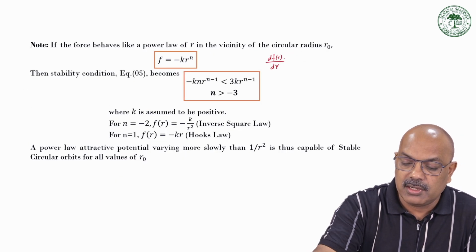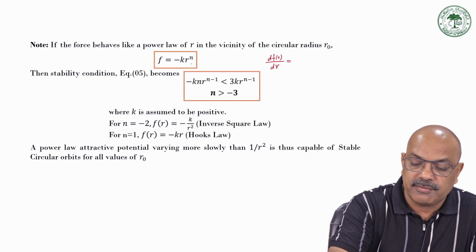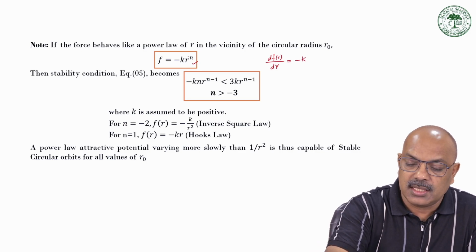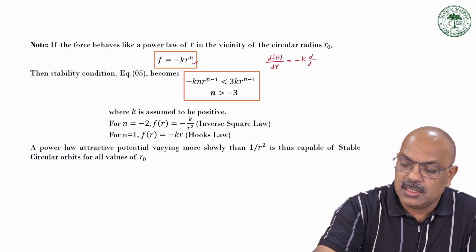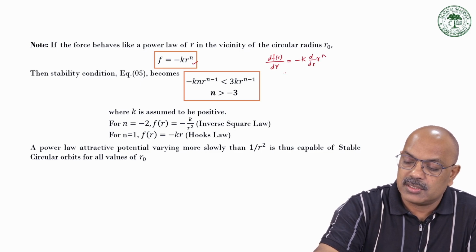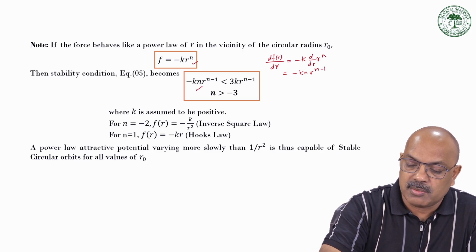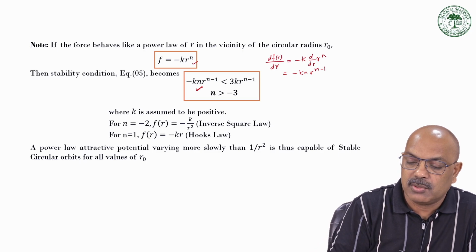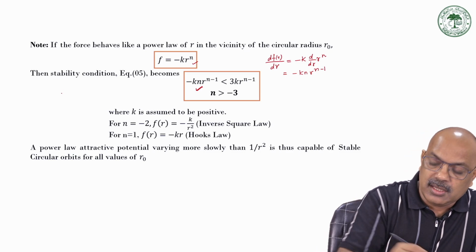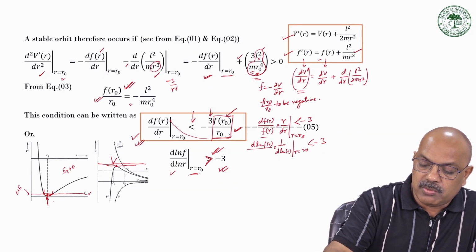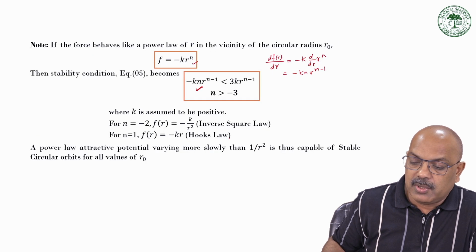If I calculate this, because fr is minus k r to the power n, this is going to be minus k n r to the power n minus 1. So this side is minus k n r to the power n minus 1, and then it is less than 3 f(r naught) by r naught.